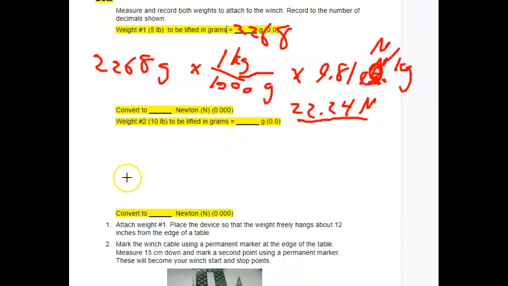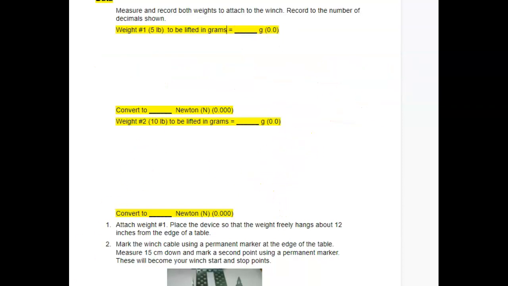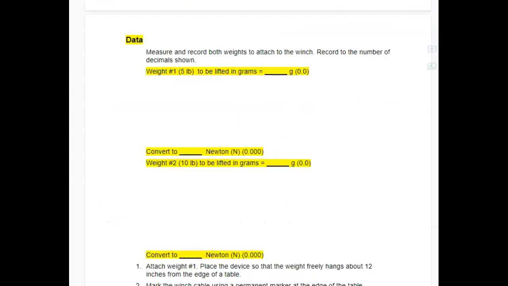Again, we have to do the same thing for 10 pounds. If it's twice as heavy, it's going to be twice as many newtons. So when we finished up here, 5 pounds was 22.24 newtons, and that would make 10 pounds twice as much, or 44.48 newtons. All right, so that was that part.